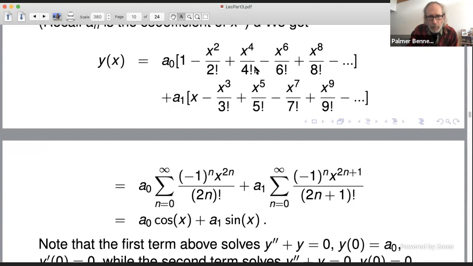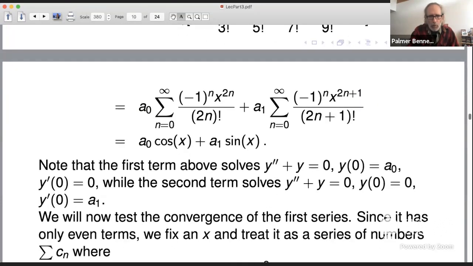We can't just test the convergence using the coefficients of the series, because this series has infinitely many terms which are zero. In this first series, the coefficients of x to the first, x to the third, x to the fifth, x to the seventh are all zero. So we're going to test the convergence of that series differently.